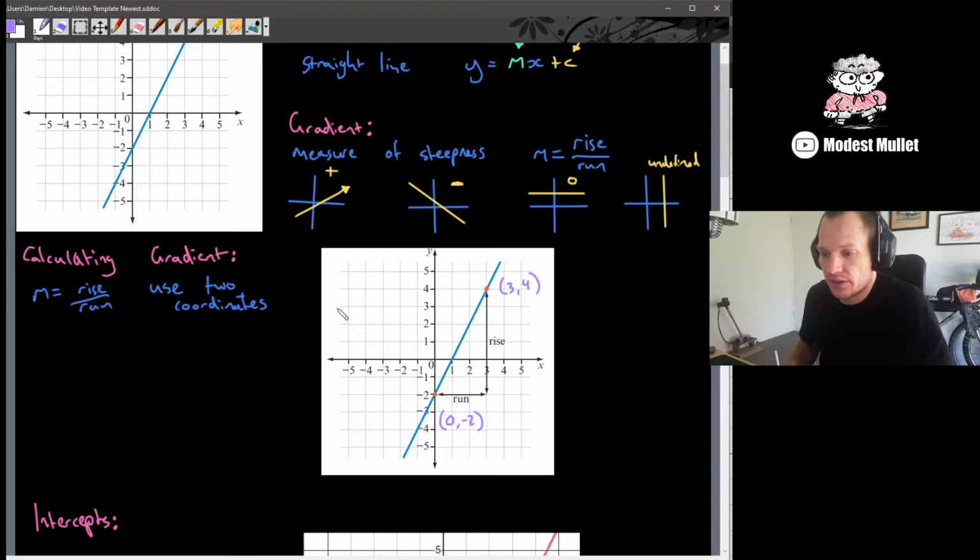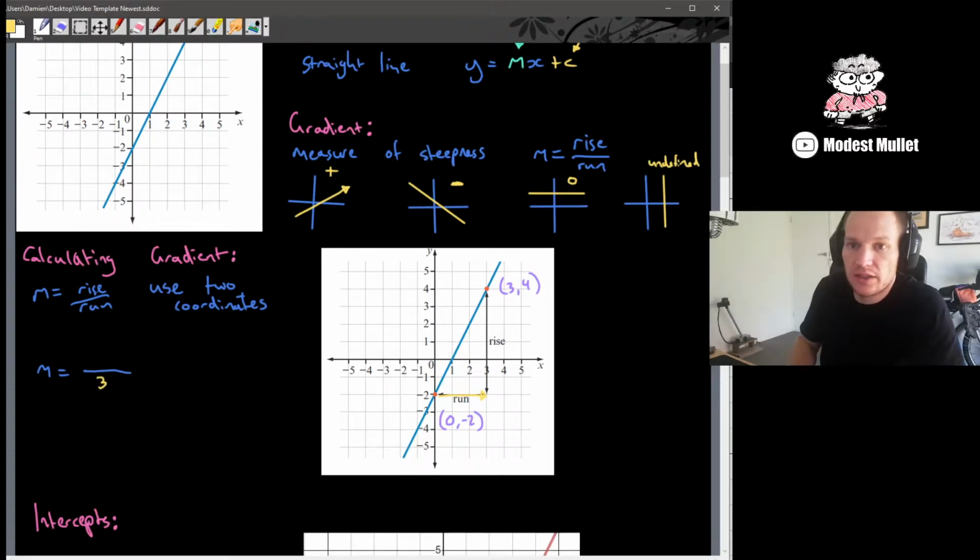But to start with this grid, nice and easy, we can just read off our rise and our run. So m is equal to, now our run going across, we can quite easily see we're going across 1, 2, 3.